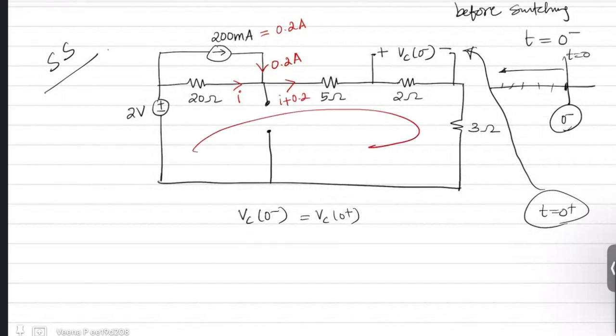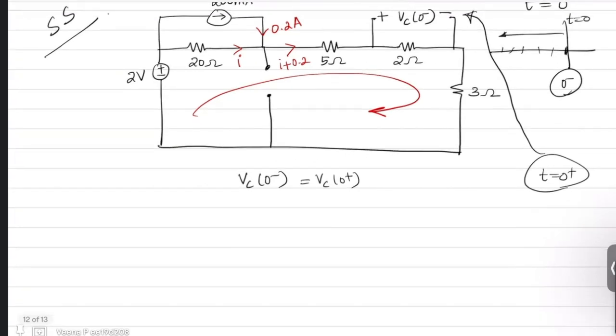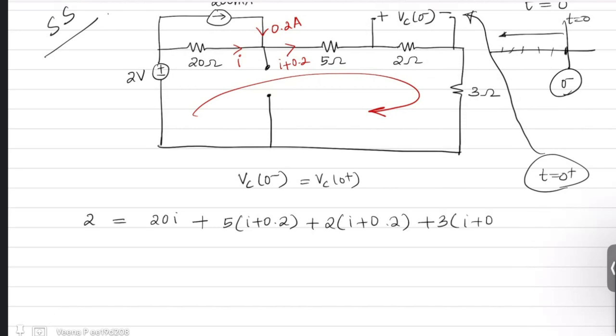Now I am applying mesh analysis in this loop. So when you apply mesh analysis, the equation is 2 volts is equal to 20I plus 5 into (I plus 0.2) plus 2 into (I plus 0.2) plus 3 into (I plus 0.2). So this is the mesh equation, which is basically applying Kirchhoff's voltage law.